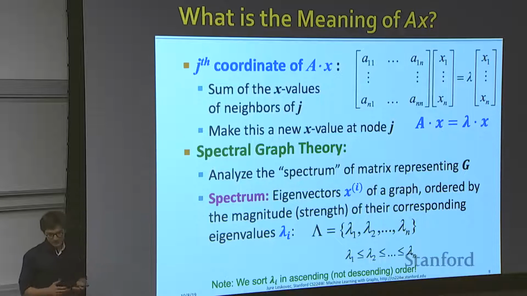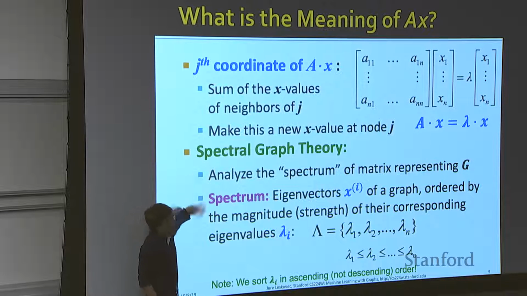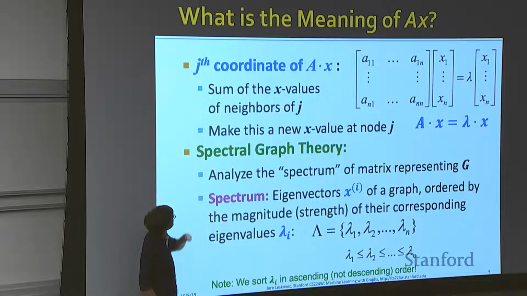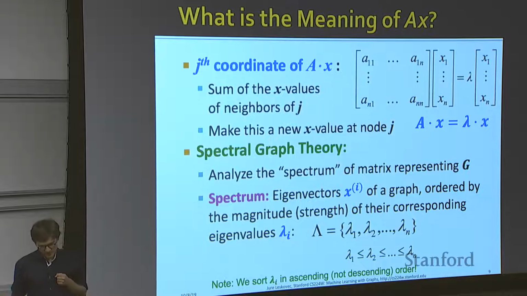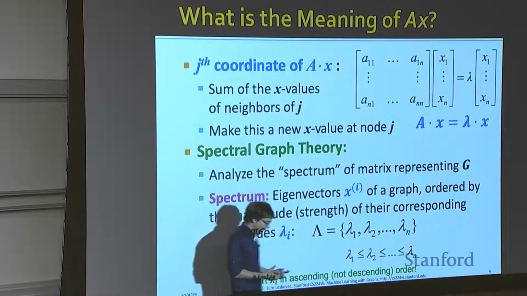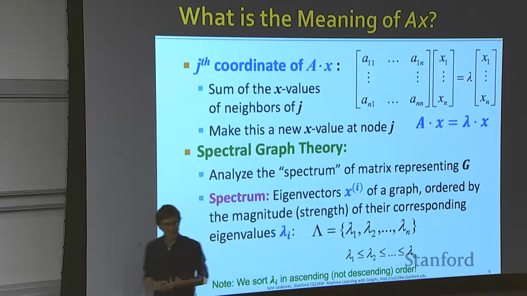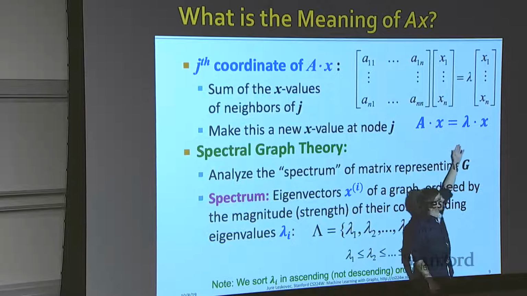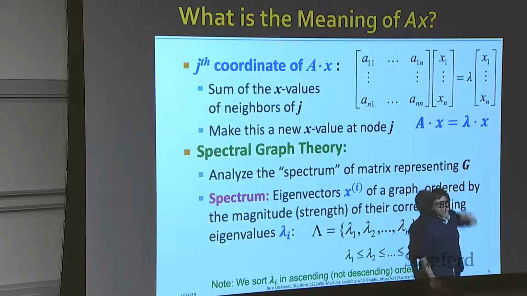So now let's keep working on this. What we learned so far is that if I take A times x, then the jth coordinate of this vector y is simply a sum of the values of neighbors of node j. Now, let's think about eigenvectors and eigenvalues of a matrix. Eigenvectors and eigenvalues are solutions to this type of equation: A is a fixed matrix, x is the eigenvector, and lambda is the eigenvalue.